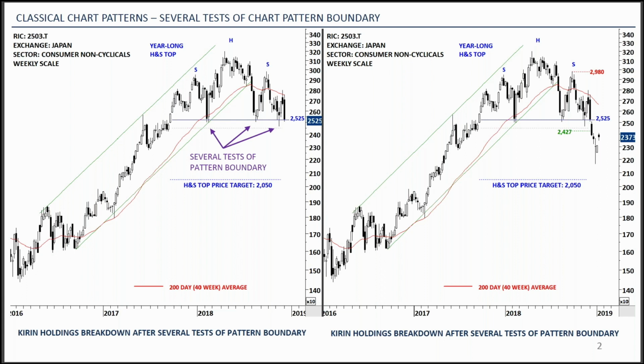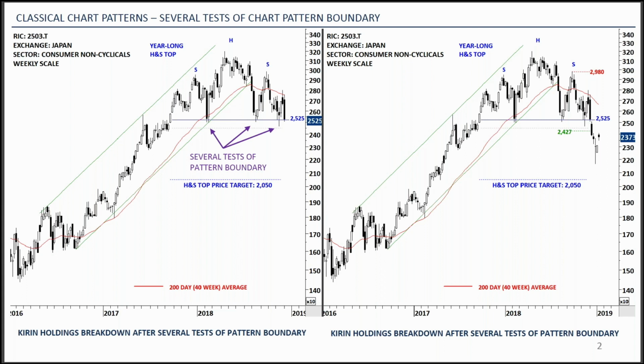So you don't want to just draw a line that actually doesn't exist, or that is not recognized by market participants. So the more a chart pattern boundary is tested, the higher the chances that the market participants have recognized this level as an important technical hurdle.